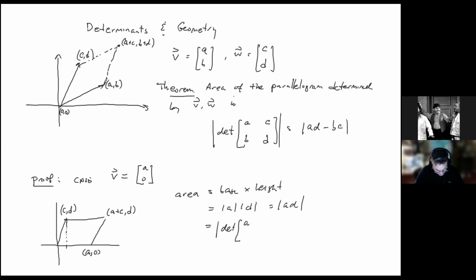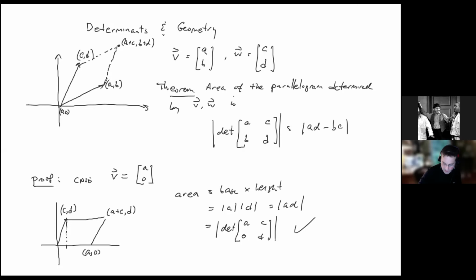It would be A, 0, C, D. Oops, that should be a C. The determinant of that matrix is A times D. So this checks out in that case, the case where the first vector points along the x-axis.